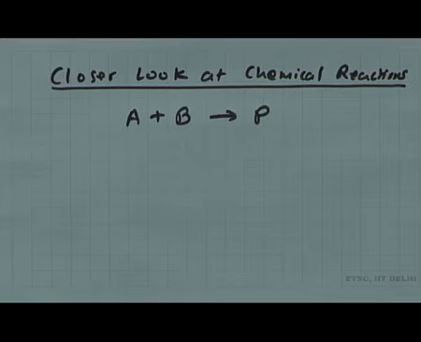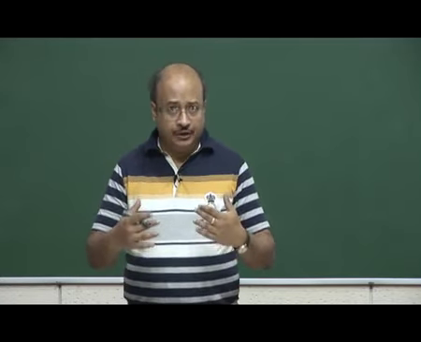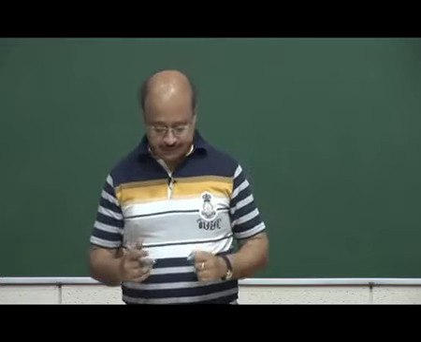So, the moment you look at this reaction, what are the different questions that can come to mind? What are you trying to achieve? When you look at a reaction, what do you think about it at first sight?